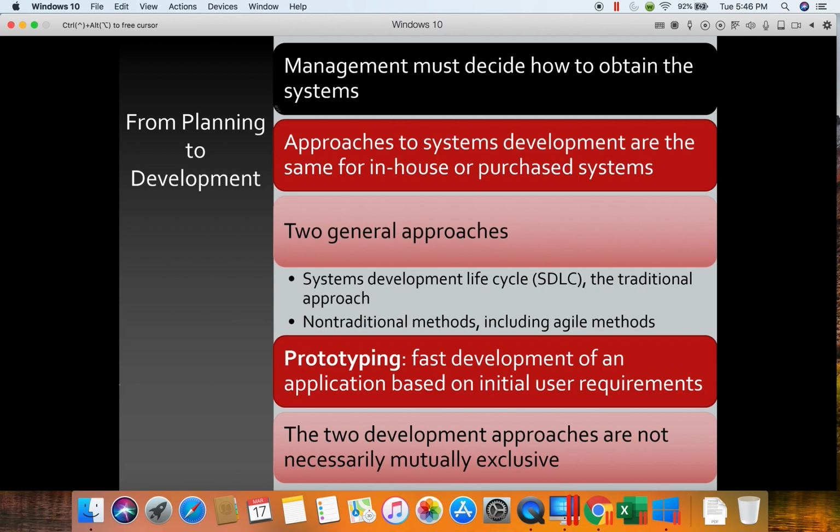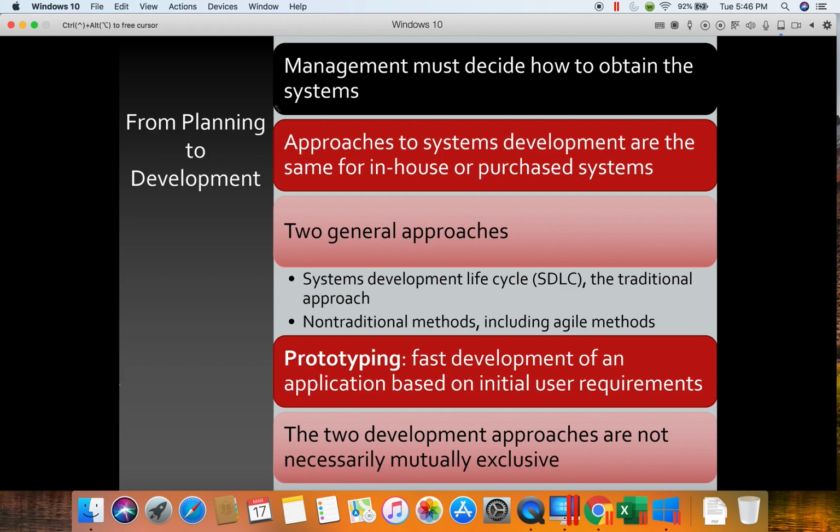So as we move from the planning to development, management has to decide how it's going to obtain the new systems. There are basically two approaches, and these are pretty much going to be the same whether you purchase the product or you try to create it yourself in-house.